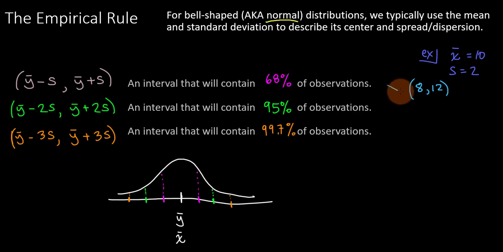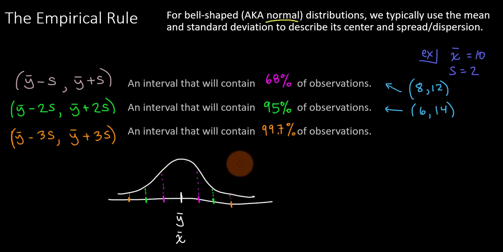What would be the interval that contains about 95% of observations? Oh, well, I'm going to subtract another 2 from that 8, but add 2 to that 12. Hopefully that kind of makes sense.